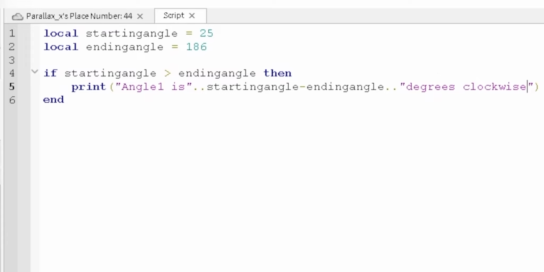Okay, and then we need to make an else if.